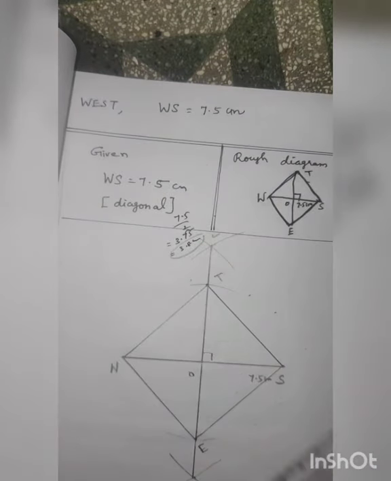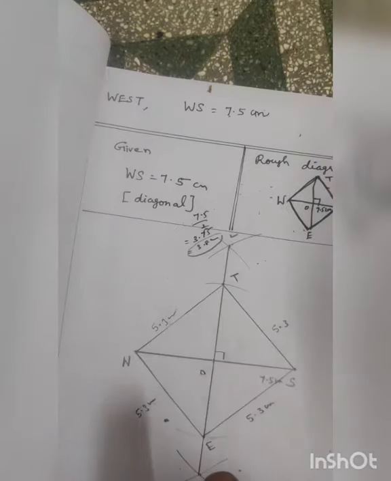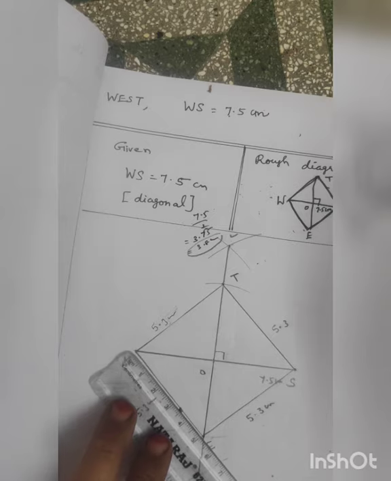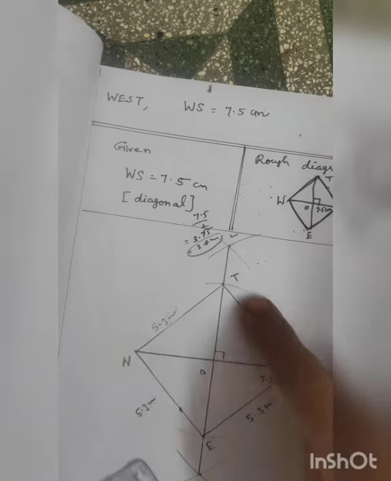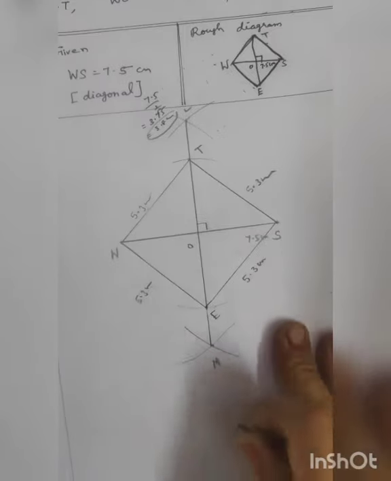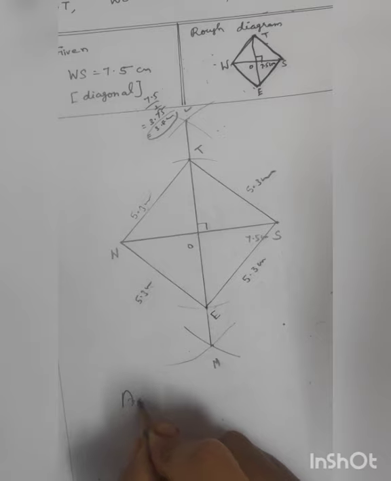After joining WT, you measure the length there. How many centimeters come there? 5.3 centimeter. So all the sides you write as 5.3 centimeter, 5.3 centimeter. Now area of the square.